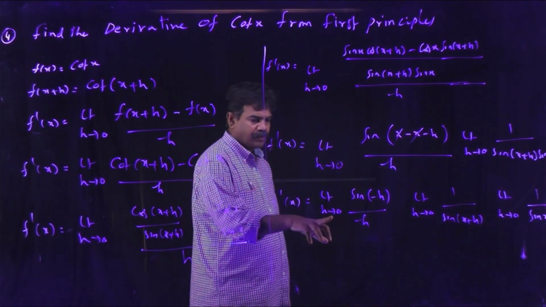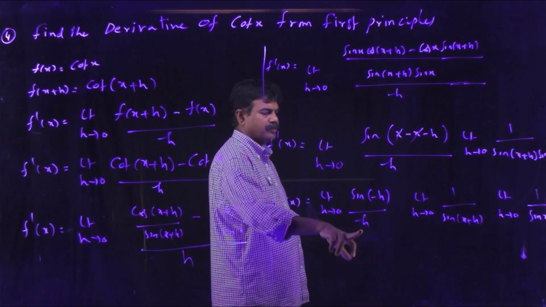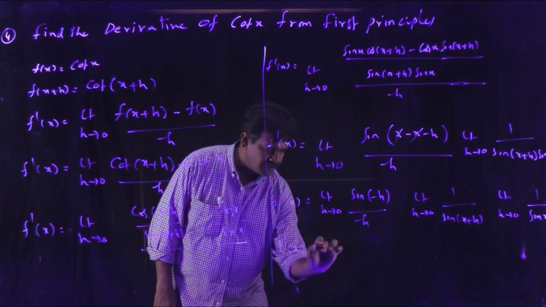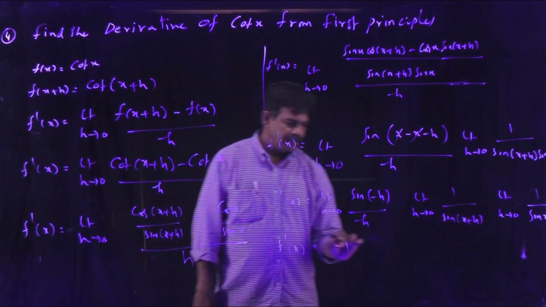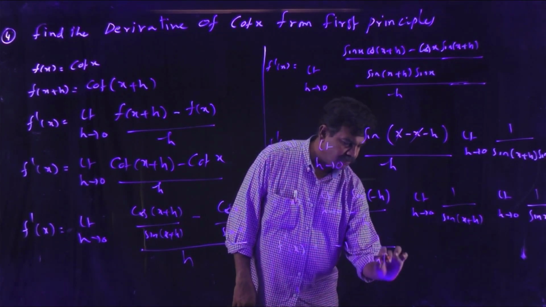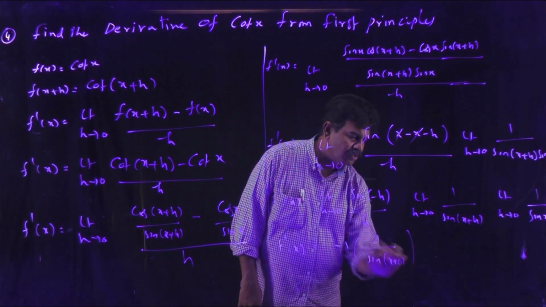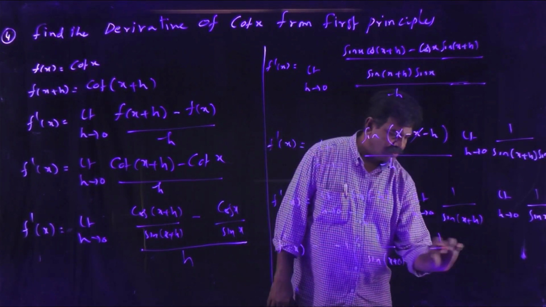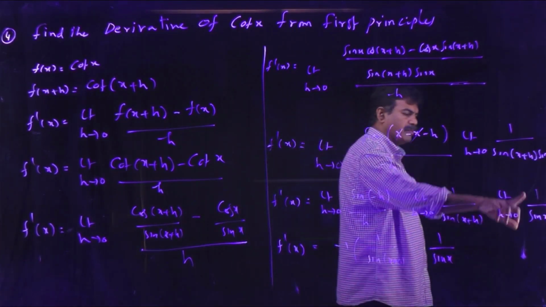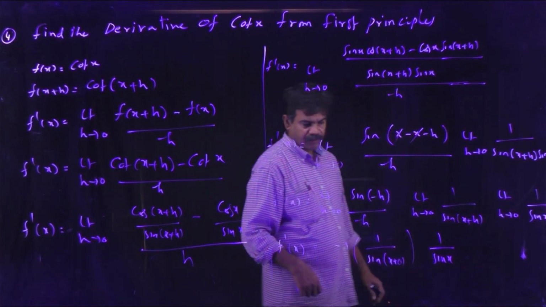So already we know the formula limit h tends to 0 sin ah by h means a. That is f dash x is equal to here minus 1. That is 1 by sin of x plus 0 into 1 by sin x. Limit h tends to 0, 1 by sin x is 1 by sin x.